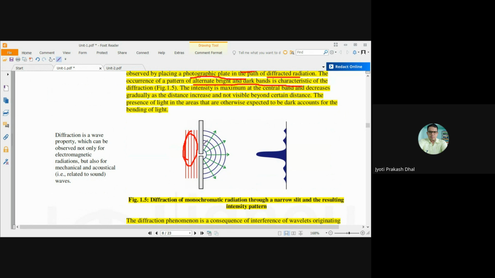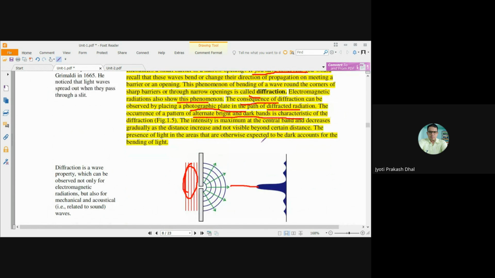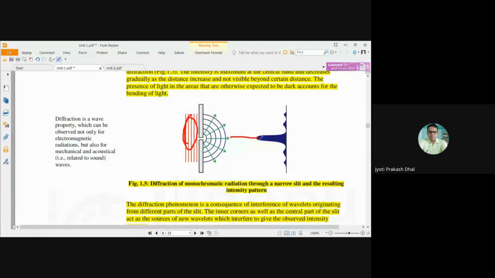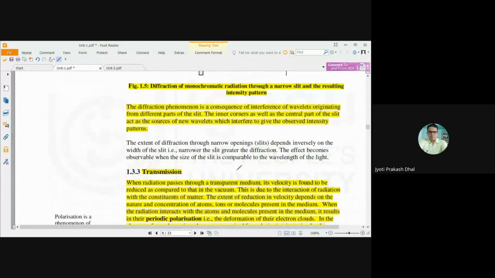Now if we put a photographic plate in some position, we will get a bright band, and in some other position we will get a dark band. This is due to bending of the electromagnetic radiation when it strikes an obstacle.